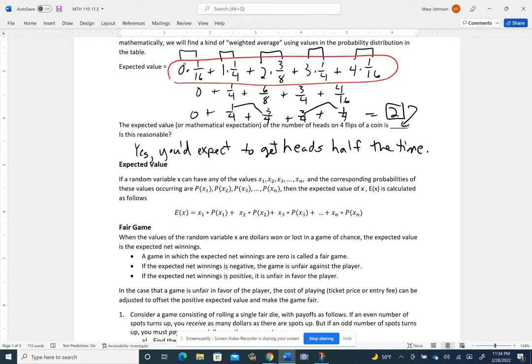is what I want you to think about when you see this formula. This formula is how you calculate the expected value, okay, for when you're tossing a coin, or in this case, it was flipping a coin 4 times. The expected value of getting heads is what we were doing.